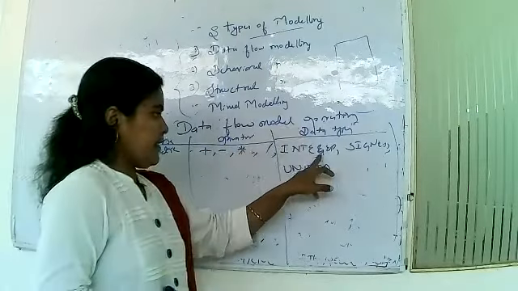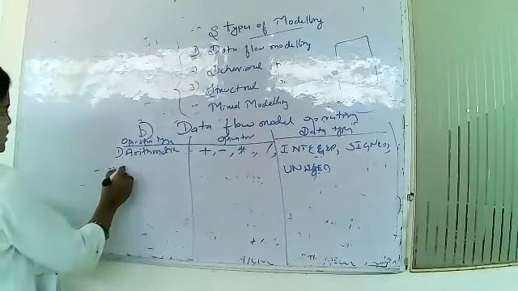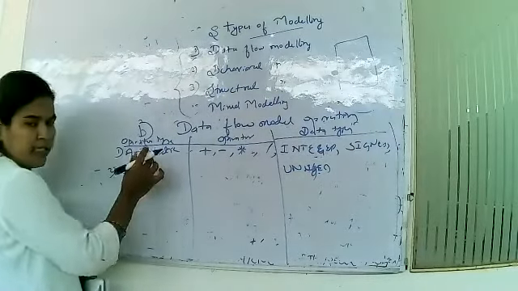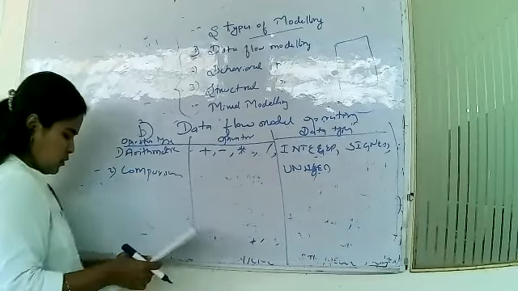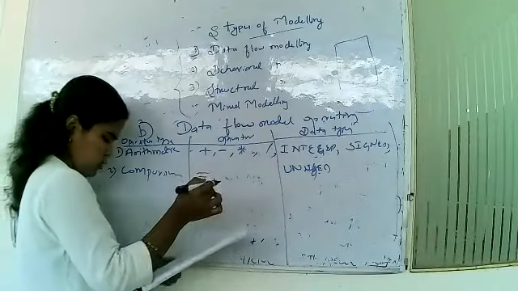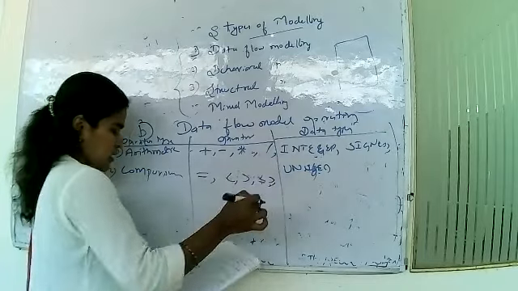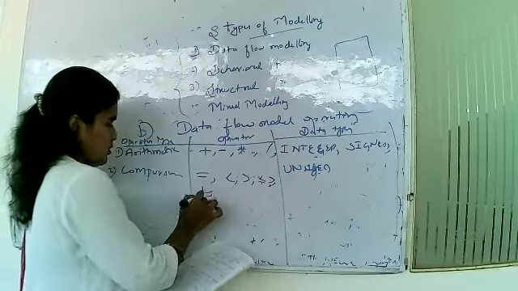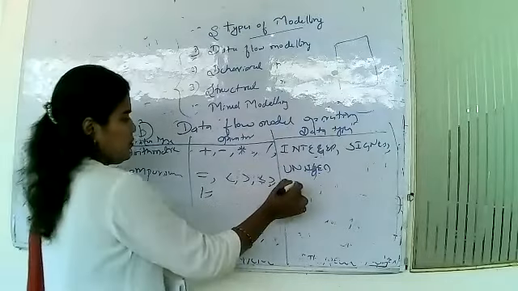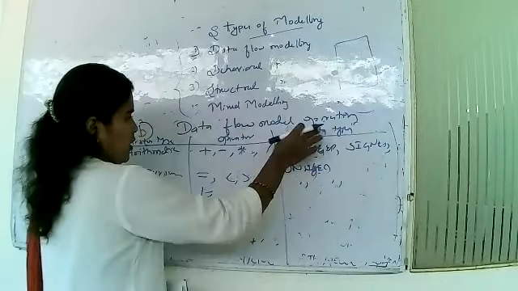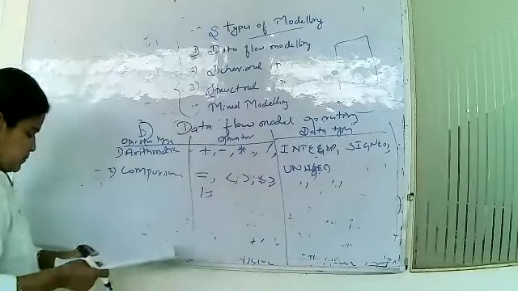Data types are integer, signed, and unsigned. Next one is comparison. The operation type is comparison. The operators are equal to, less than, greater than, less than or equal to, greater than or equal to. These are the operators for comparison. Data types are integer, signed, and unsigned.